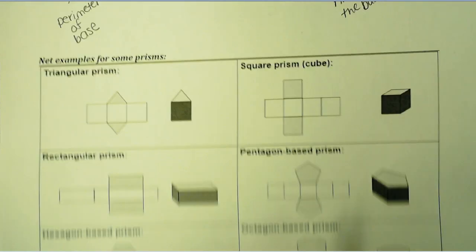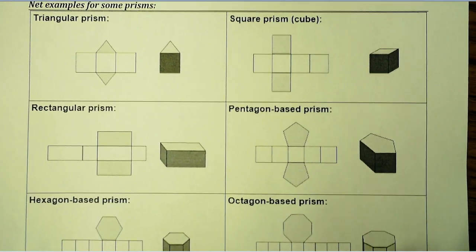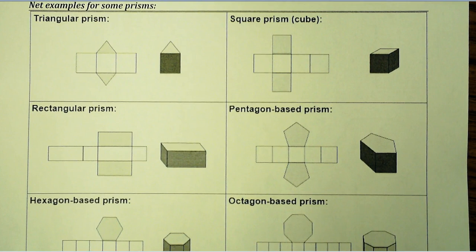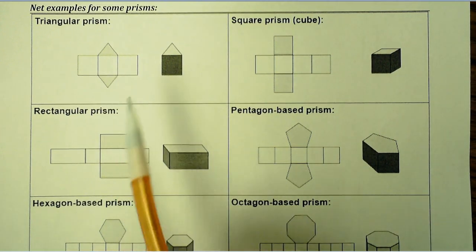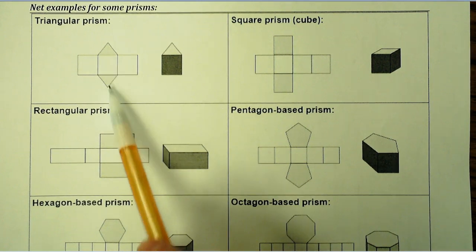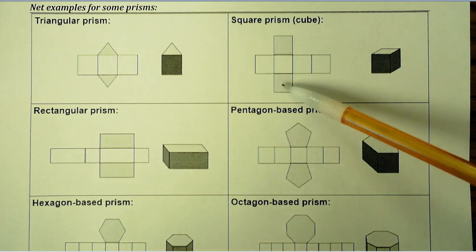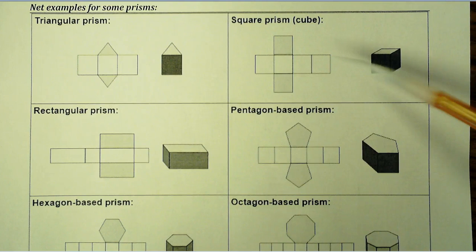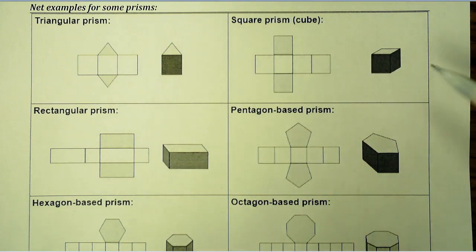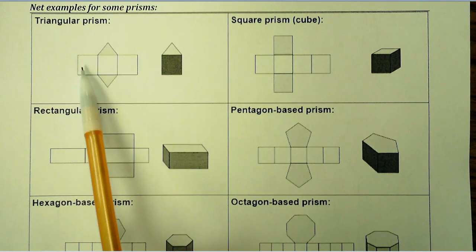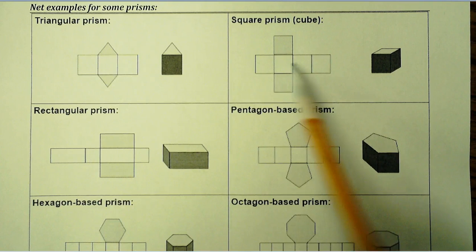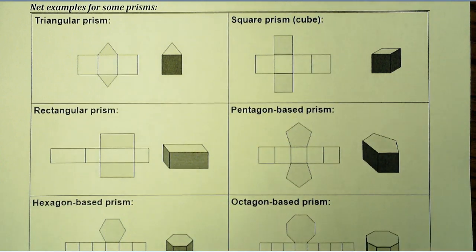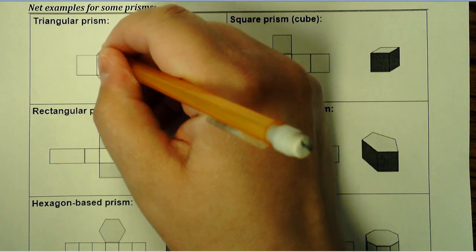I just grabbed this off the internet. These are just some basic prisms. You guys can see on the paper here the bases have been shaded in the net. So you've got the net and then you've got the 3D solid folded up so you can see it. And the lateral area is going to end up being the rectangles that are not colored in. If you think about this, let me try to explain.